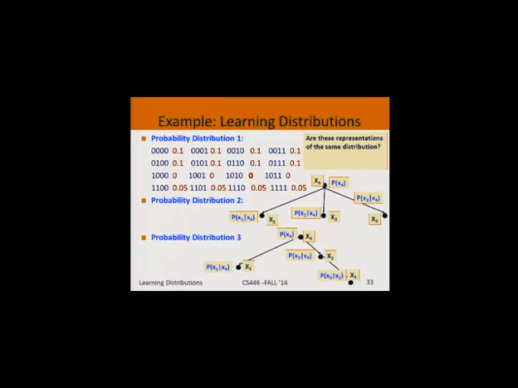I'm going to go back to this. What I mean is that P of x1, x2, x3, x4 for tree 1 is the same as it is for tree 2 for all values that I instantiate for x1, x2, x3, x4.